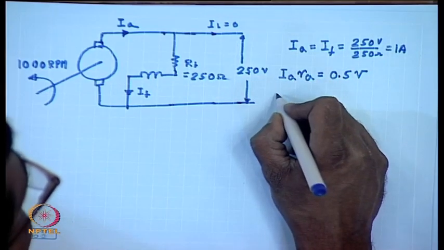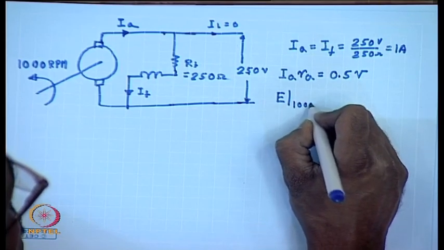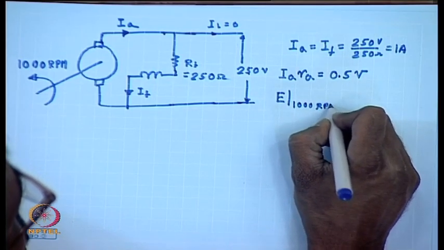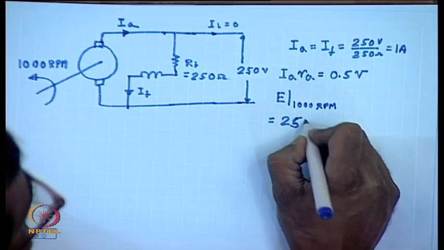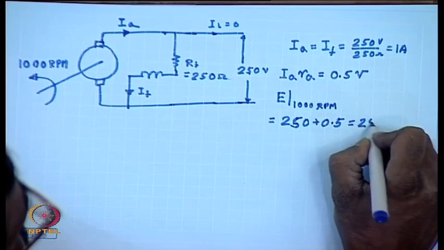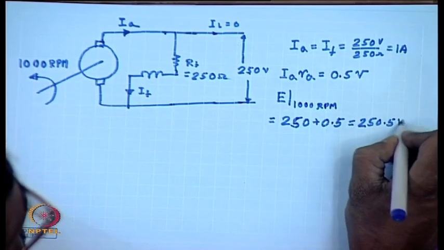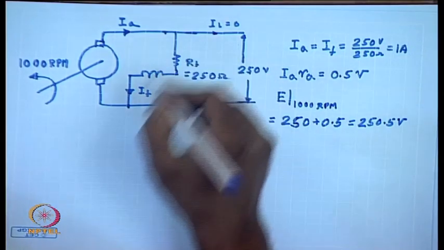So, the generated voltage E at 1000 rpm equal to 250 plus 0.5 equal to 250.5 volts.